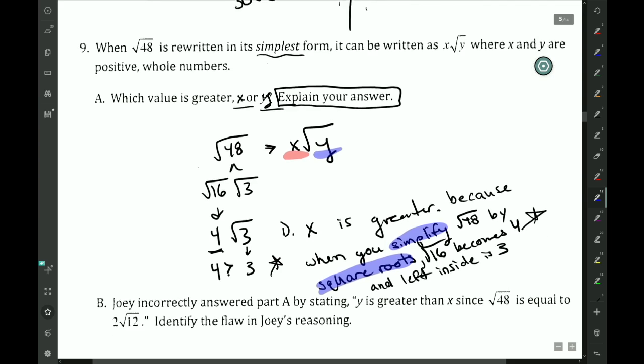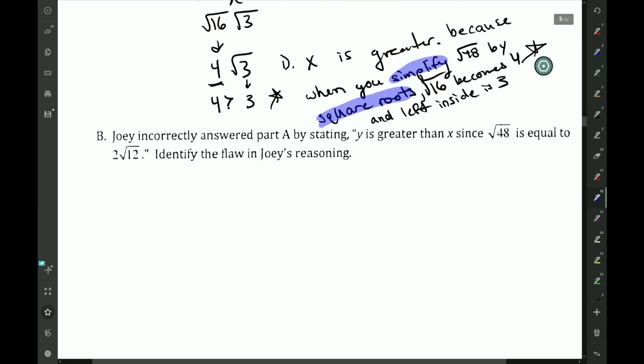Joey incorrectly answered. Discussing this, 2 times 12, neither of those are perfect square factors. So you need to have perfect square factors. Joey incorrectly answered.